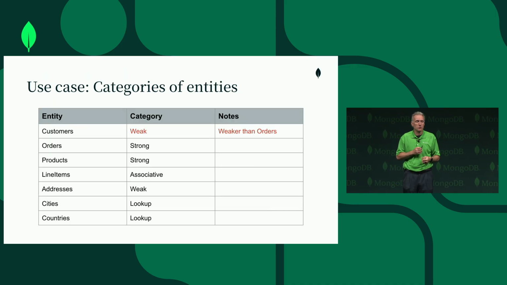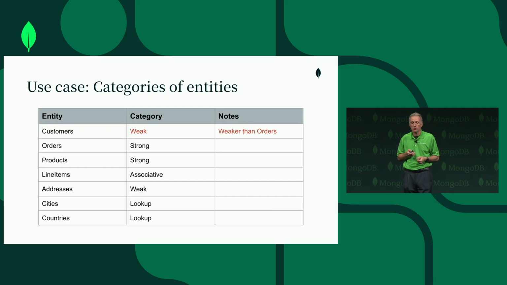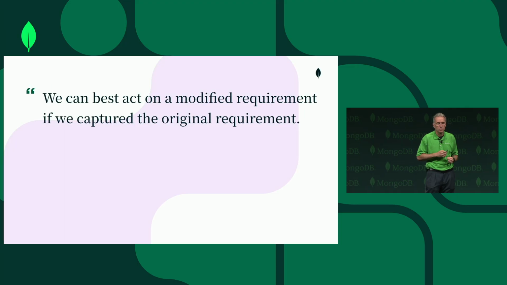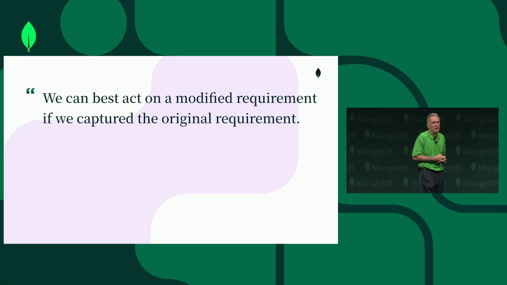So going back to our list of entities, we can at that point define that, yeah, the order is a strong one because we're making a lot of queries on those orders. So we're going to change this one to strong. Okay, so doing that basically helps us act when we get a modified requirement.